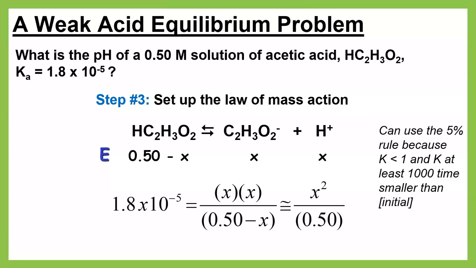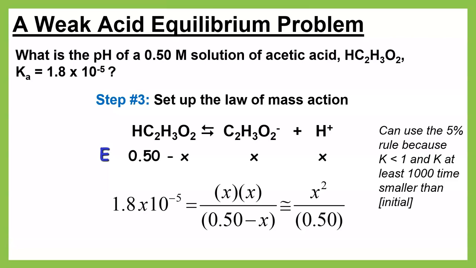And the nice thing is 99.9% of the time you can assume that x is small, and so you can do that 5% rule. The idea here, if you remember your 5% rule, is that x compared to 0.5 is very, very tiny. But x compared to 0 of your products would be something that was meaningful.